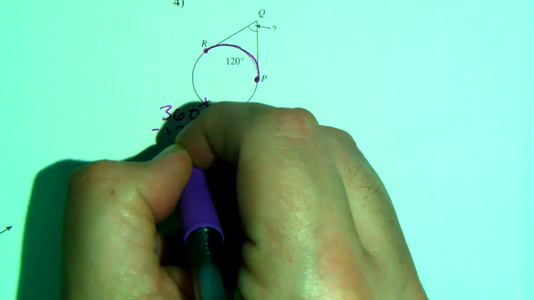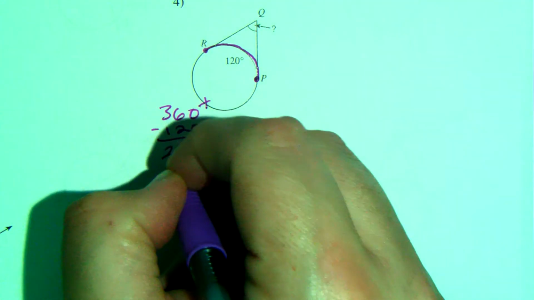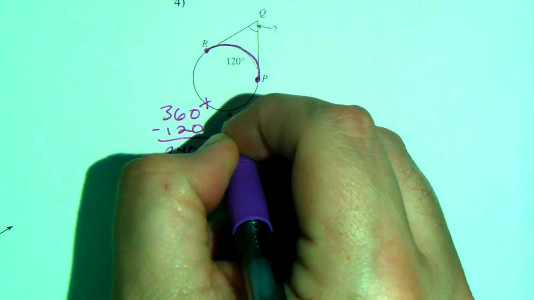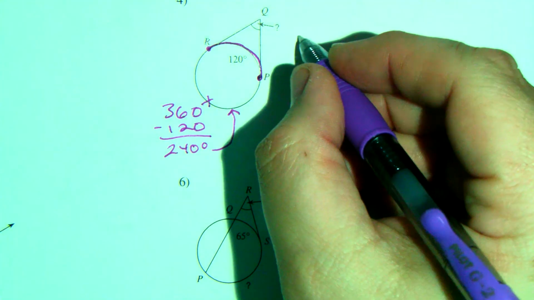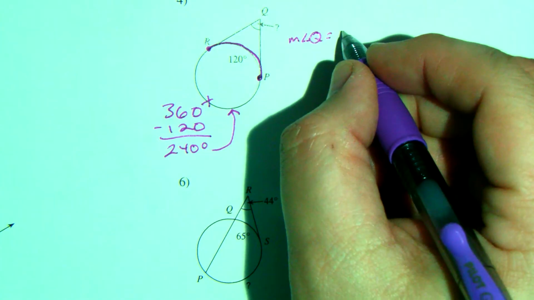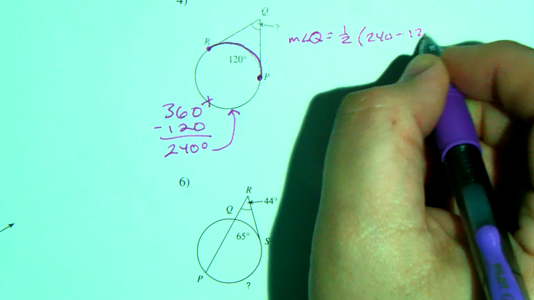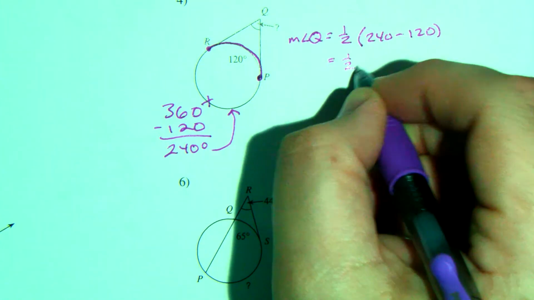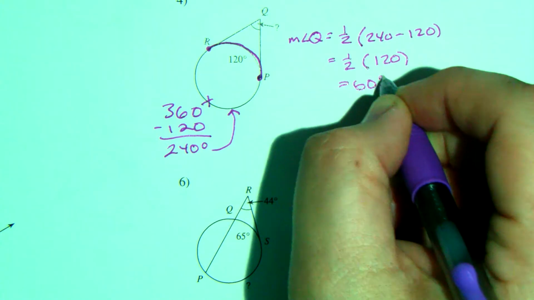So that's 240 degrees right there. So now I know that measure of angle Q is going to be equal to 1/2 of 240 minus 120. So it's 1/2 of 120, which is 60 degrees. So I know the measure of angle Q is equal to that. Capiche?